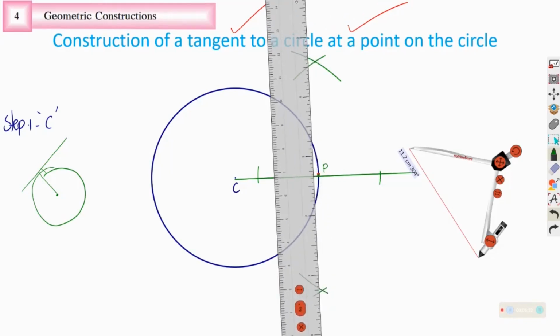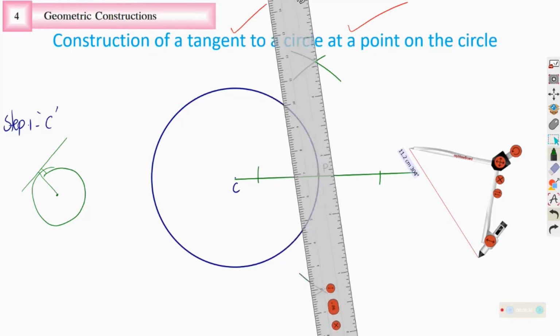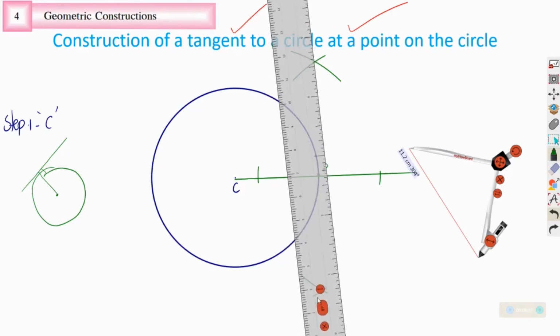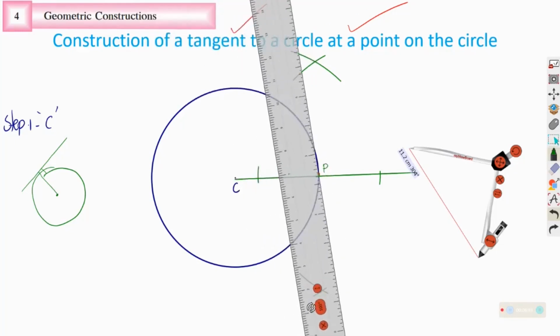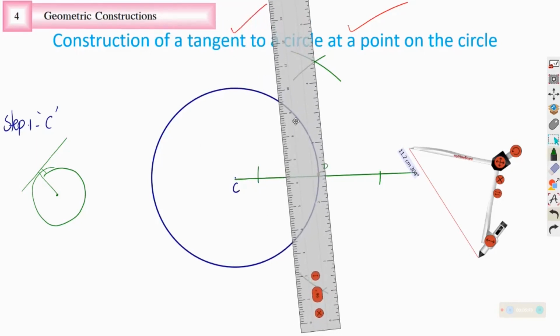As I told you, the slanting of our line will be visible in this.